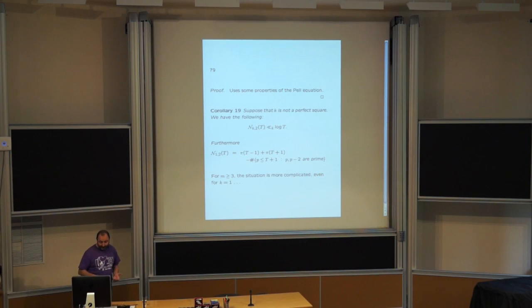But if you put everything together, you can say that this set is quite small. And actually, you almost know the cardinality of the set, at least when k is not a perfect square. And in this case, you have this upper bound.